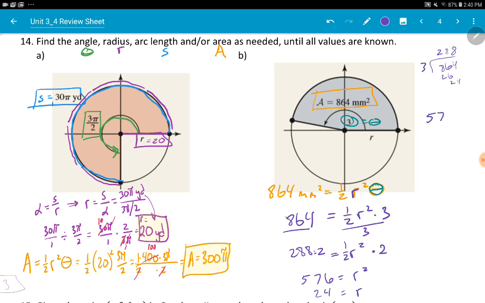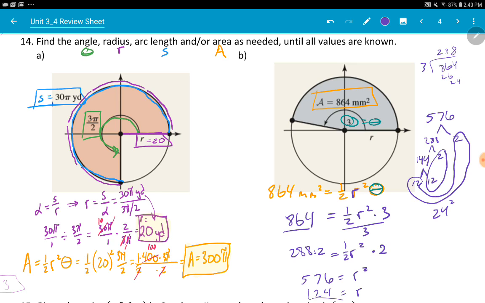I'm just going to double check that. If I do a factor tree for 576, I know it's even, so I split that by 2. We already did that math, so 288. 288 is still even, so that divides into 144, and 144 is 12 times 12. So it looks like I have 12 times 2 twice, which is 24 squared. So that r is 24. I know it's positive because it's a radius, so it's a distance.